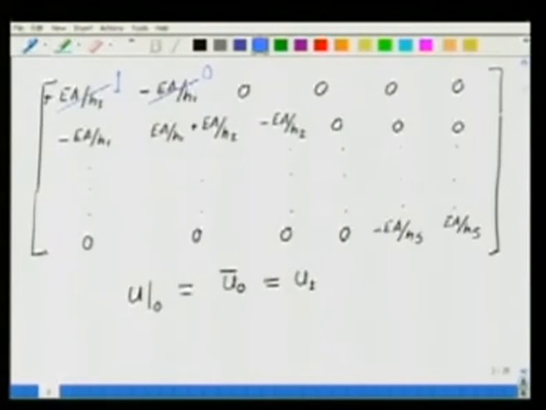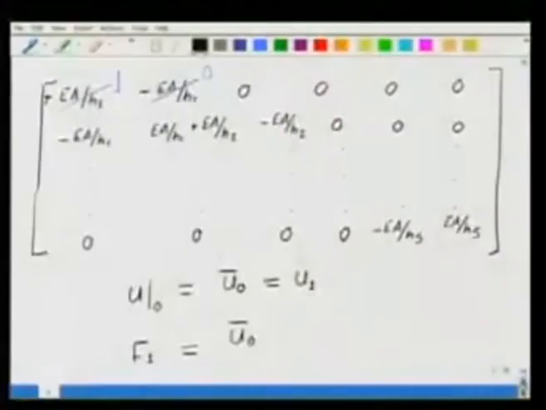All other entries in this row, the first row corresponds to U1, I am going to set equal to 0. At the same time, what am I going to do to F1? I am going to put F1 equal to U0 bar. Just look at the first equation.